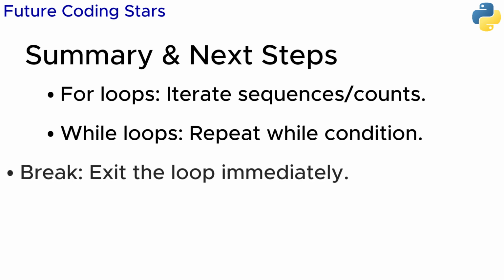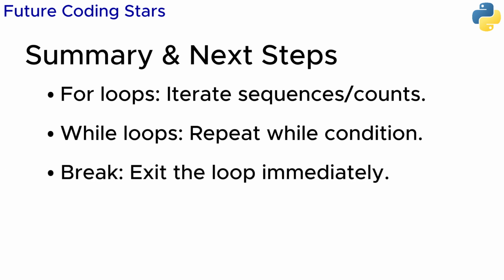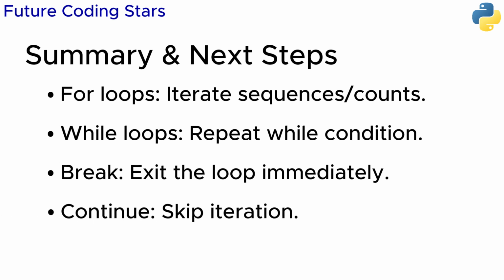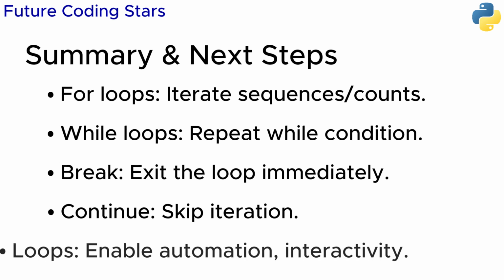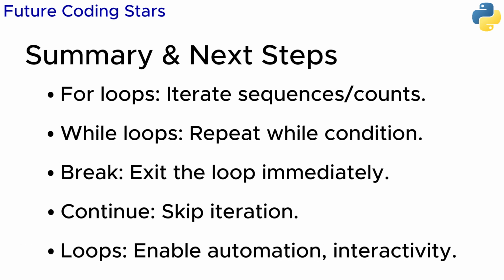You saw how break acts as an emergency exit, letting you stop a loop instantly when a specific event occurs, and how continue lets you skip processing for the current item or situation and jump to the next iteration. You also saw how putting these together allows you to automate repetitive tasks and build simple interactive programs like our menu system. Loops are one of the most fundamental concepts in programming, and you will use them constantly in your Python journey.